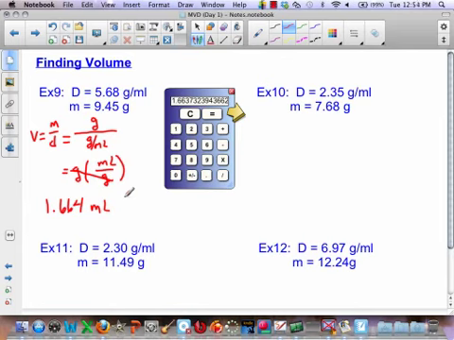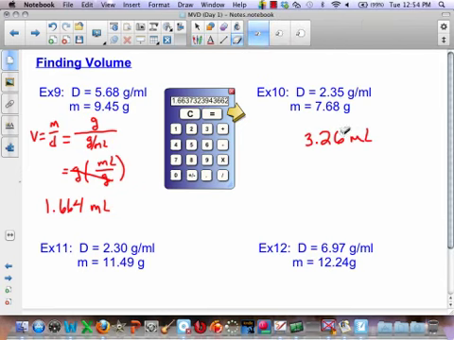All right, Hope, what'd you get for number 10? 3.26. 3.2, yeah, 3.27. All right, number 11.